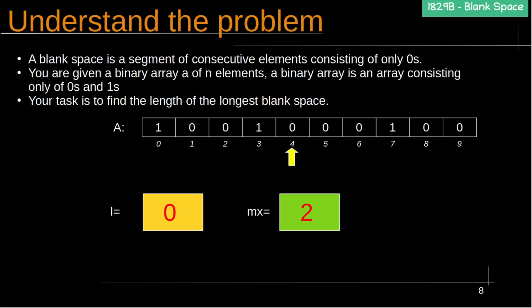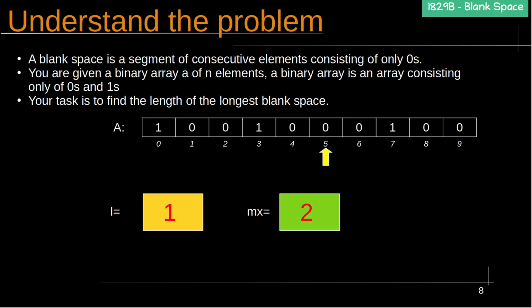We have 0, a blank space, so L is 1 here. Now the maximum between the length of the blank sequence at position 4 and the previously computed blank sequences is equal to 2. We have found a sequence of length 2, and until now we have a sequence of length 1.